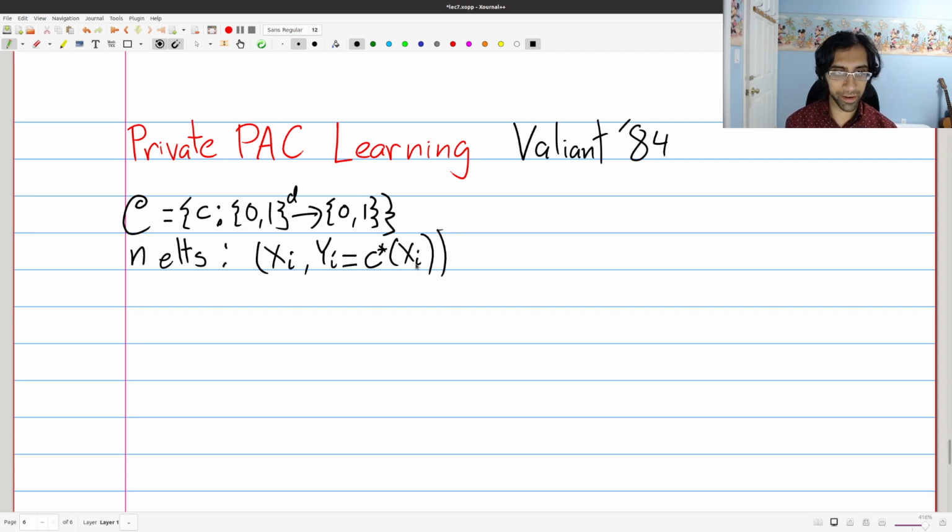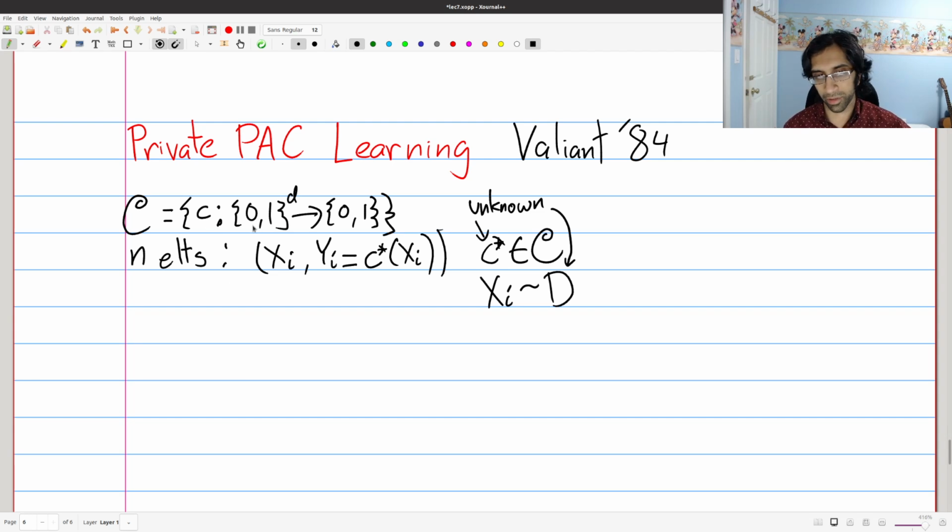What I'm trying to say is that there exists some c star in the concept class C from which the labels are defined. Furthermore, the data set is drawn IID from some distribution D. This is unknown to the learner, as is the distribution D. It's just given some data set and some class of functions, which might be rather large.